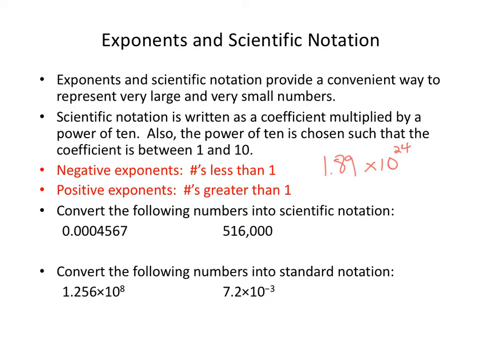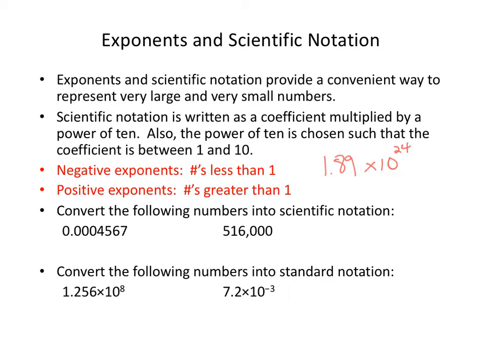So don't try to memorize left and right for positive or negative exponents. The easier thing to remember, because it works whether we're going from conventional to scientific notation or vice versa, is this: a negative exponent means the number is smaller than 1. A positive exponent means the number is greater than 1.